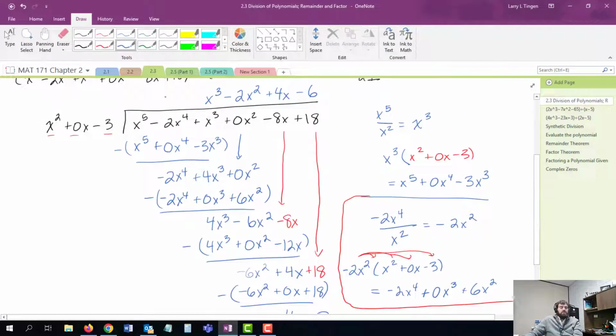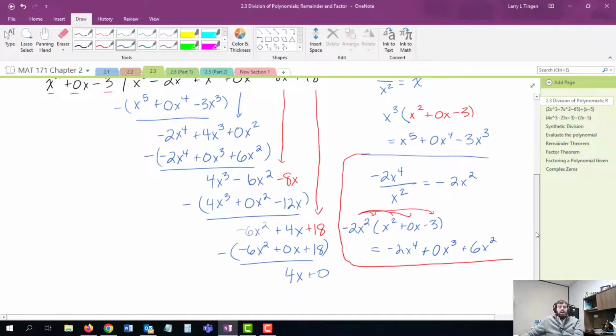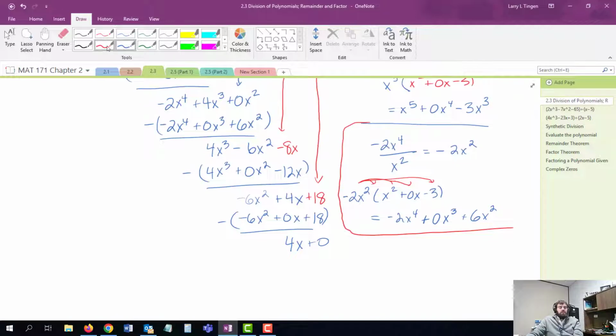So my quotient is x cubed minus 2x squared plus 4x minus 6. I have my divisor over here, x squared plus 0x minus 3. I have my dividend under the division. And then I have, you remember this term, the remainder.